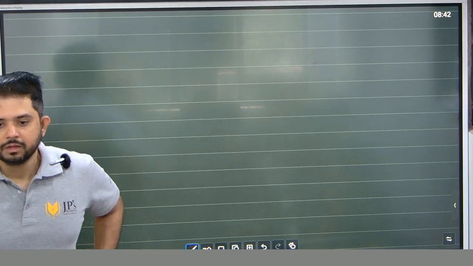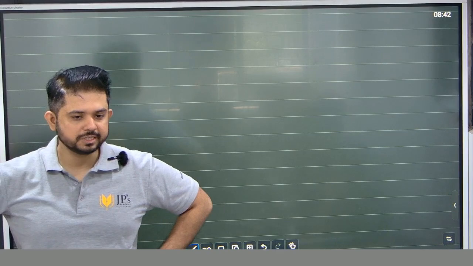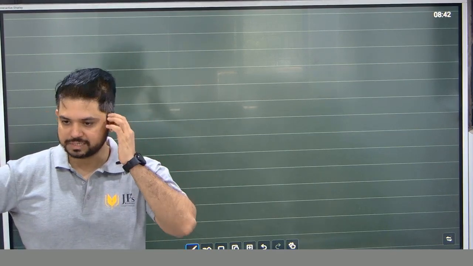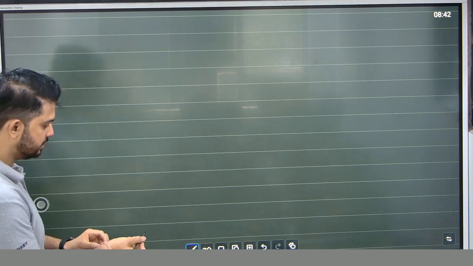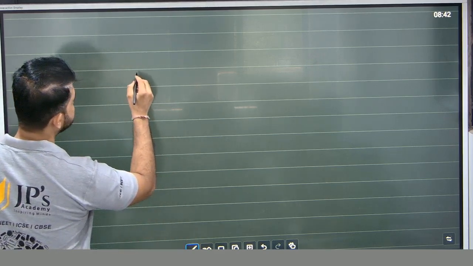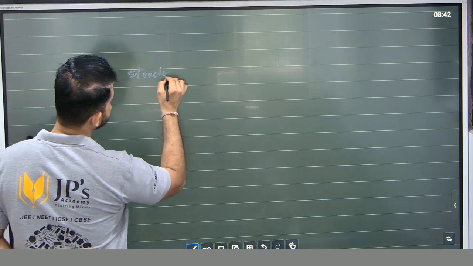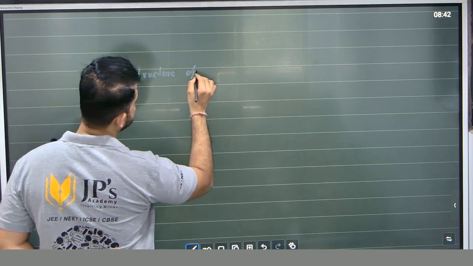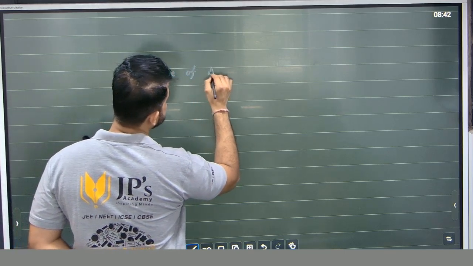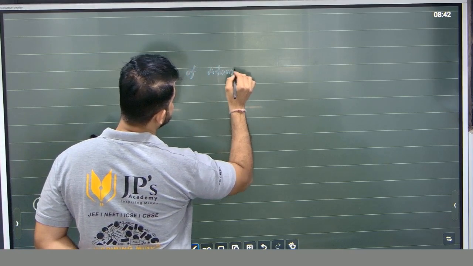Okay. Now we start with the first chapter. The second chapter of physical chemistry. The name of the chapter is structure of atom, or atomic structure.